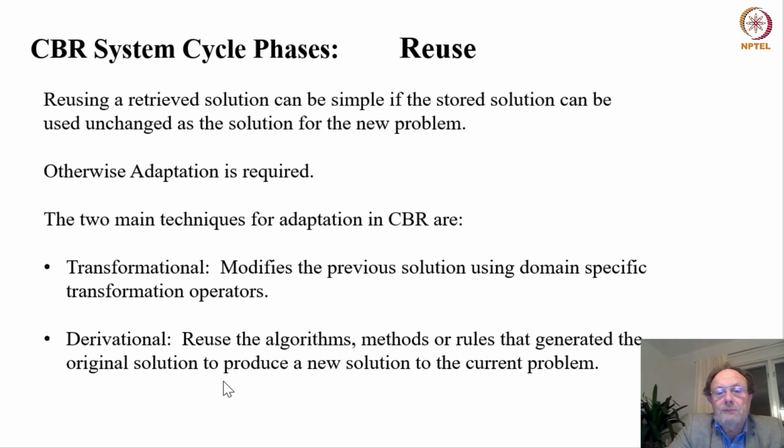And then you apply them again in a different way to produce a new solution. So the transformational is more a surface-oriented way, and derivational is more in a deeper sense.